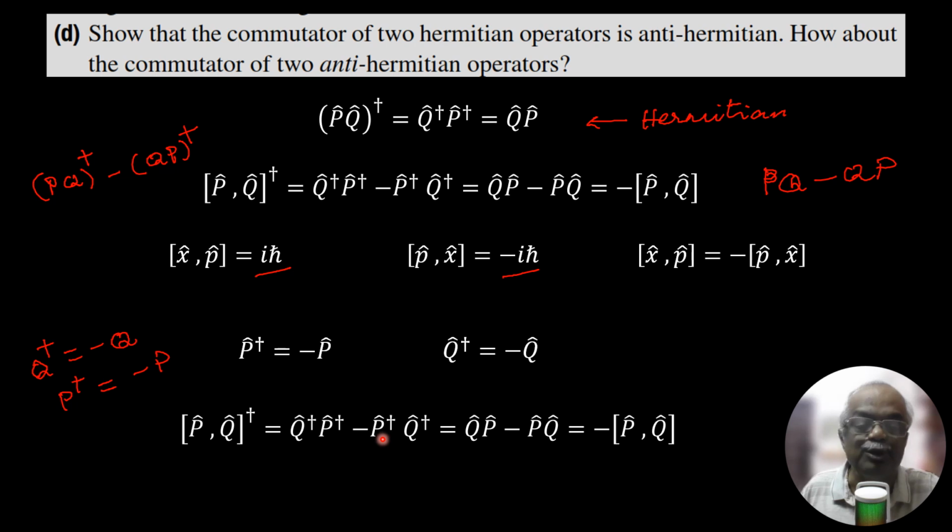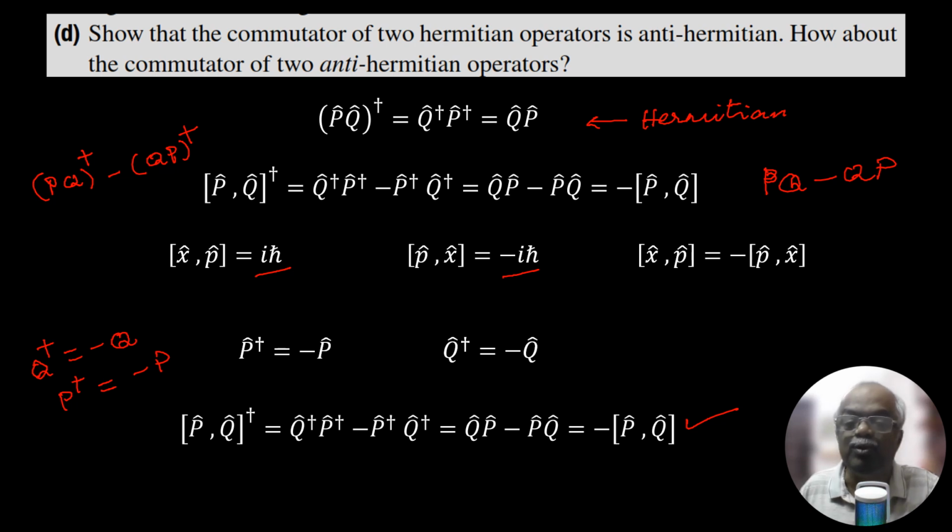Similarly here, P† is minus P and Q† is minus Q, minus of minus becomes plus, so this will be minus PQ. Which is equal to minus the commutation of P with Q. So exactly, this is also anti-Hermitian. So we have proved up to D.